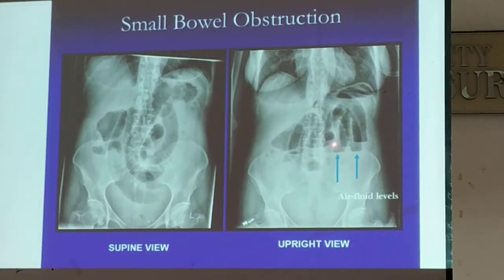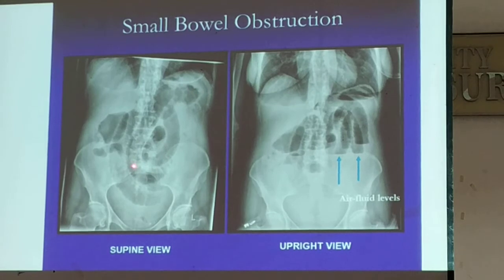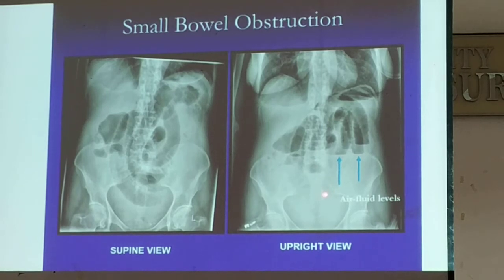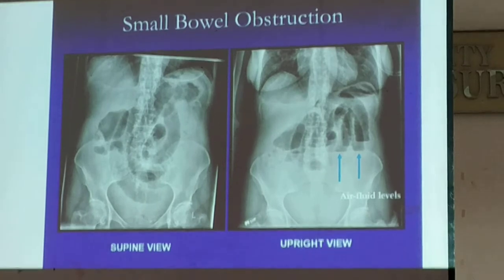This is the upright view. Meron siyang air fluid level. You see the difference? This is taken supine. Nakahiga yung pasyente dito. Dito, nakatayo. Okay? Air would go up, fluid would go down. Kaya tinawag natin air fluid level.